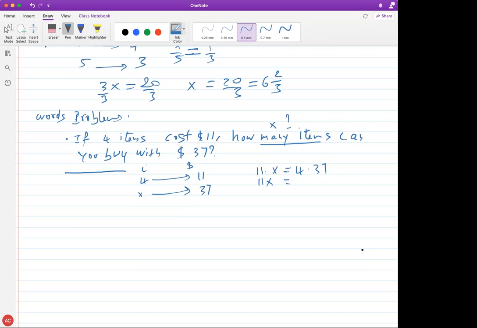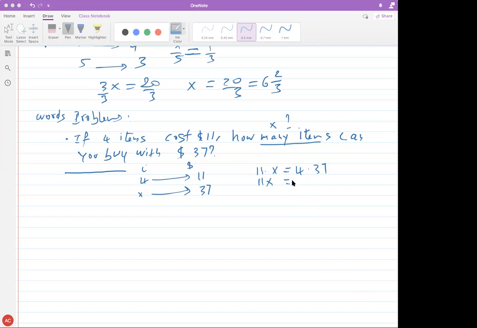What would that be? 148, I believe. 148 sounds about right. 4 times 37 is 148.